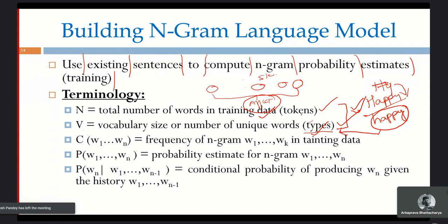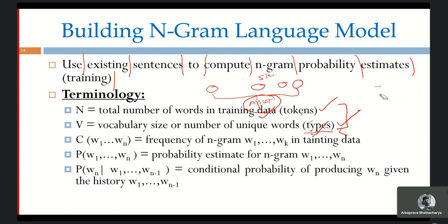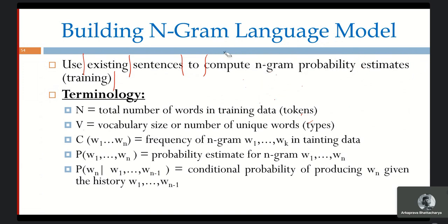This is the difference between a token and a type. Types are nothing but the equivalence classes of the words, and tokens are all the words in the collection. Is that clear? Because many of us get confused with tokens and types.